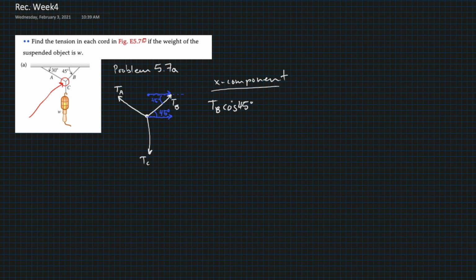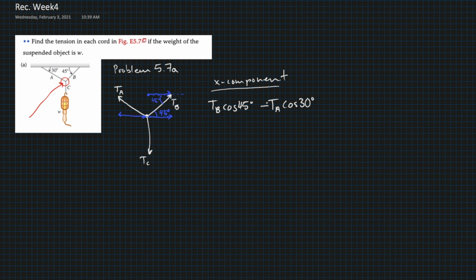Same sort of thought process can be done for tension A, getting the x component of tension A. That's going to be tension A times cosine of 30 degrees. And the only thing really to pay attention to there is that the x component of tension A that we're looking at, tension A going like this, is going to be pointing off in the negative x direction. So I have to include that minus sign there for the vector.